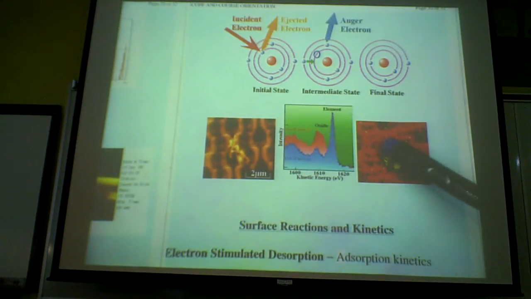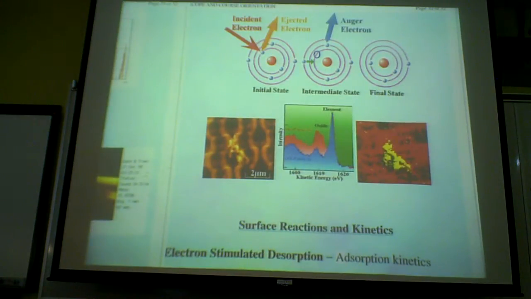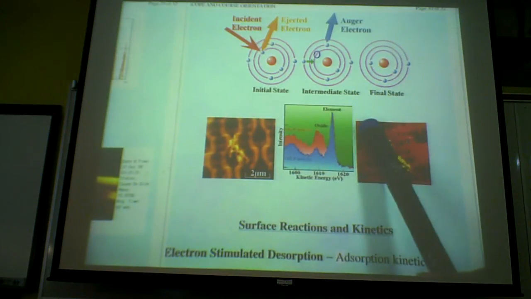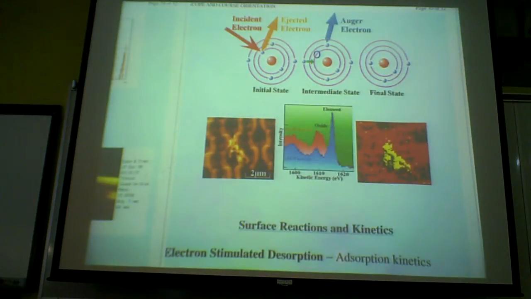So here you can make a map. You have oxide versus elemental. I believe the yellow one is the oxide, and the rest is elemental. You can essentially analyze this Auger electron emission point by point and build up the map.